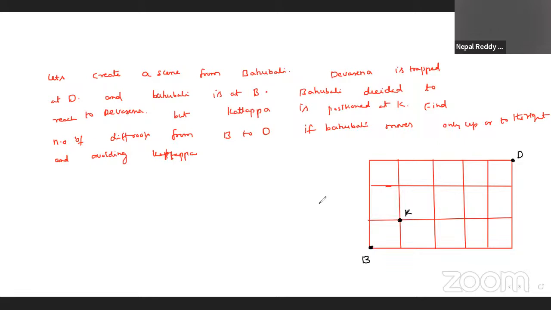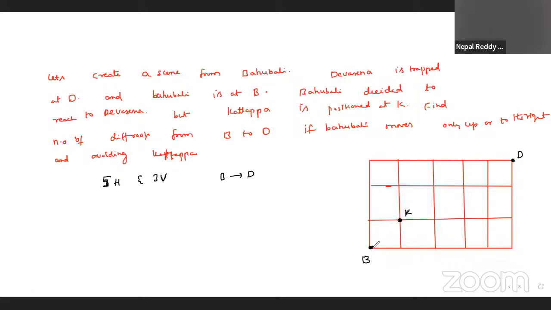Now we can transform the problem: Bahubali needs to move 5 horizontals, 1, 2, 3, 4, 5, and 3 verticals. By moving 5 horizontals and 3 verticals, B reaches D. Let us observe first.